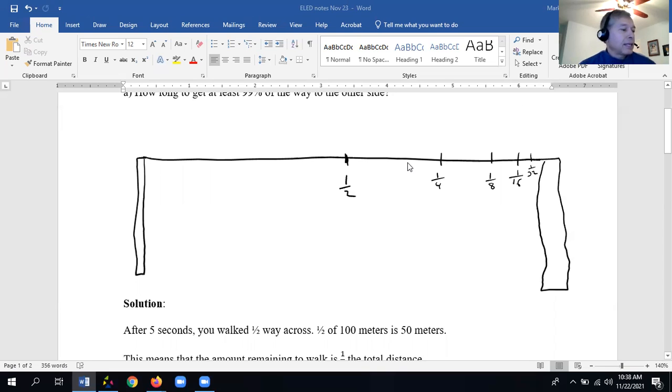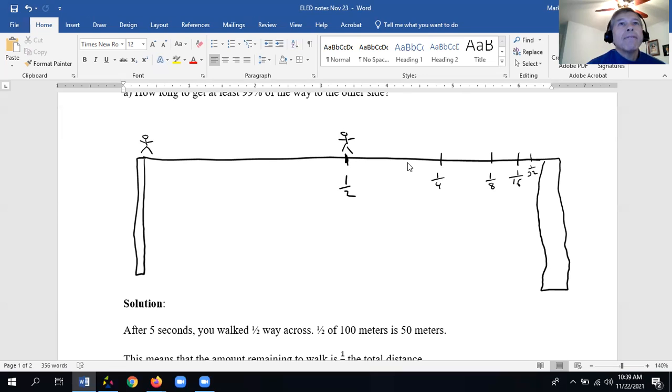So you were just drawing it. You started right here at this point. Here you are at this point, ready to walk across the bridge. Then in 5 seconds, you made it to this point. Here's 5 seconds went by, and you made it 1/2. Now, the next 5 seconds, you walk half of the distance remaining.